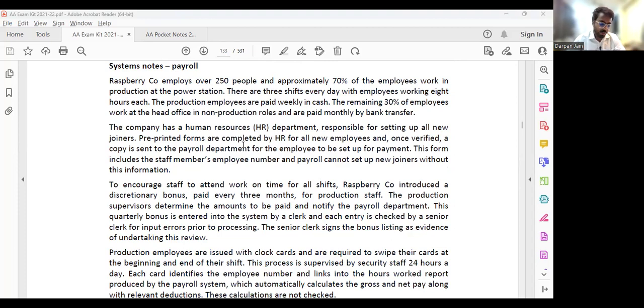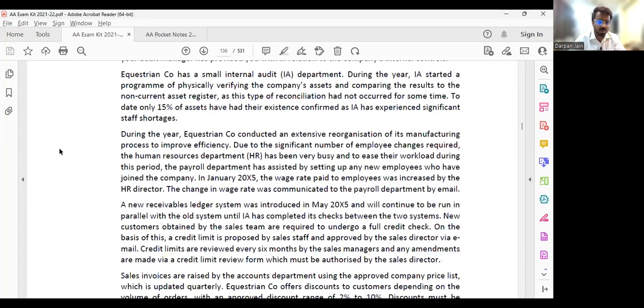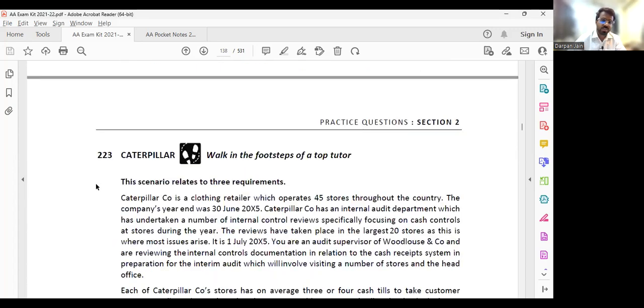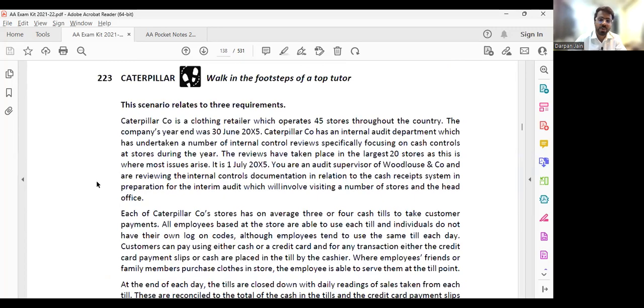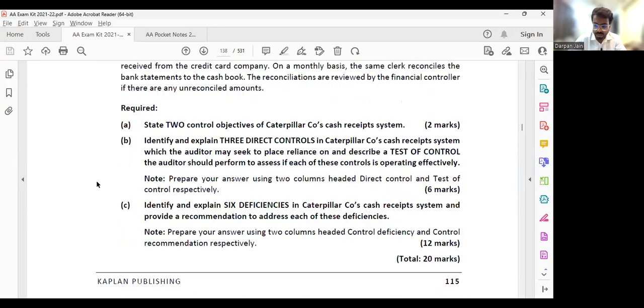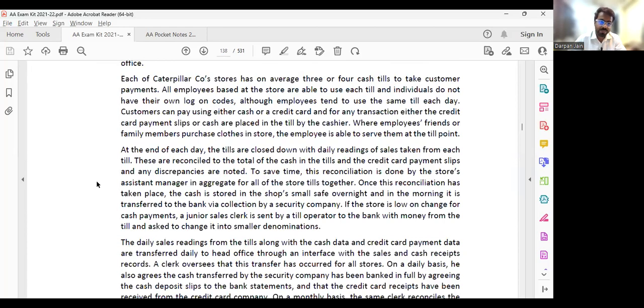And what about the homework? Did anybody do the homework? Did you see the answer for this question? And did you also see the Caterpillar question that I gave you as homework? Basically, the next question itself. I'll show you that also. Yes, this question I had given you as homework, right? Question number 223 at page number 115.